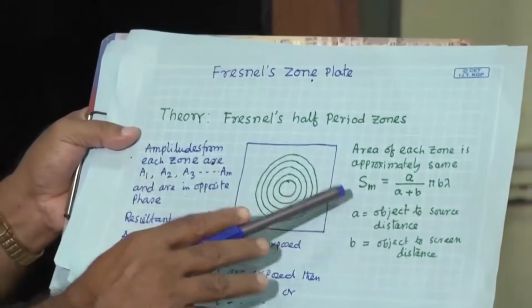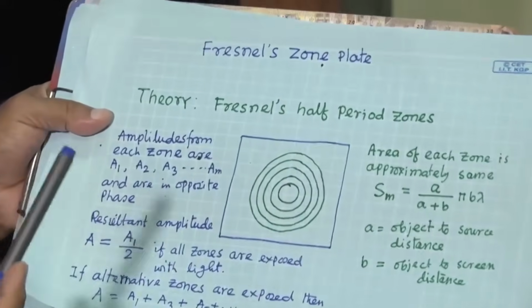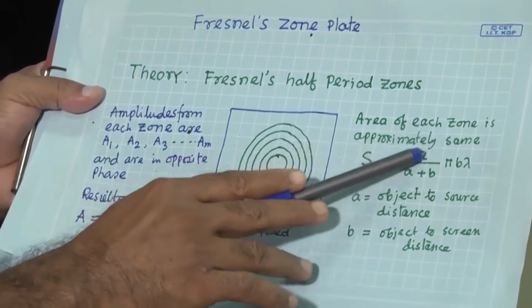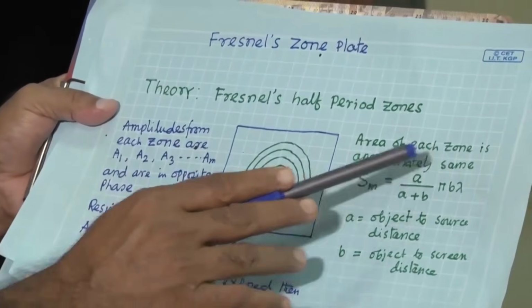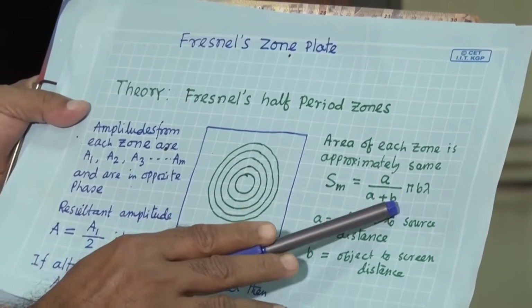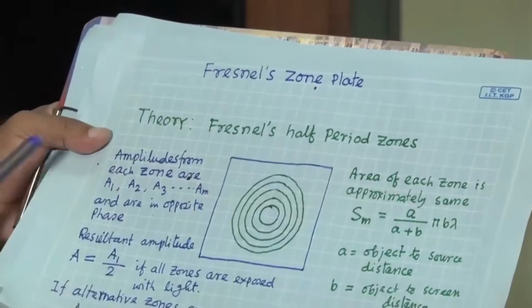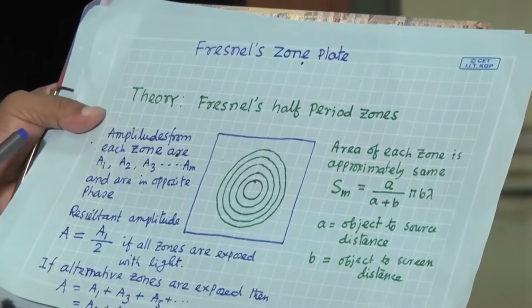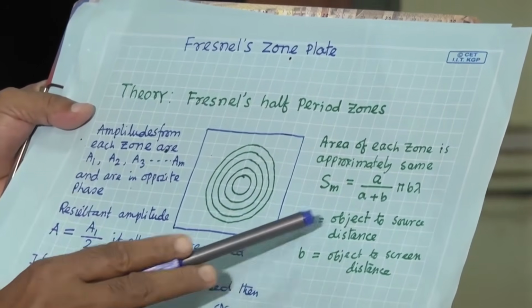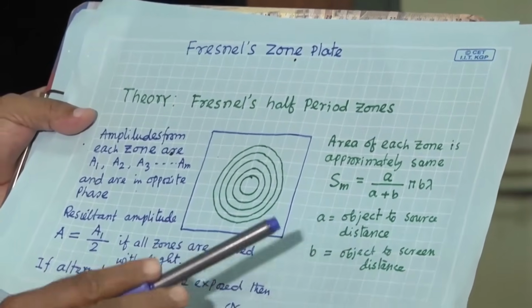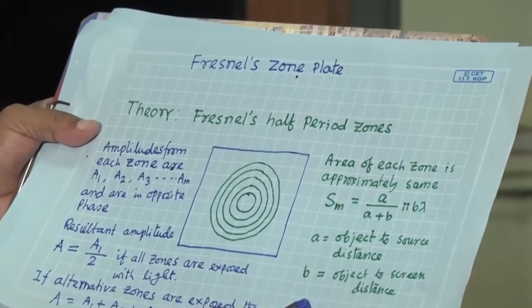Small s we have considered for the radius of the zone, which is the square root of AB by A plus B, times pi lambda, where A is the object to source distance and B is the object to screen distance.